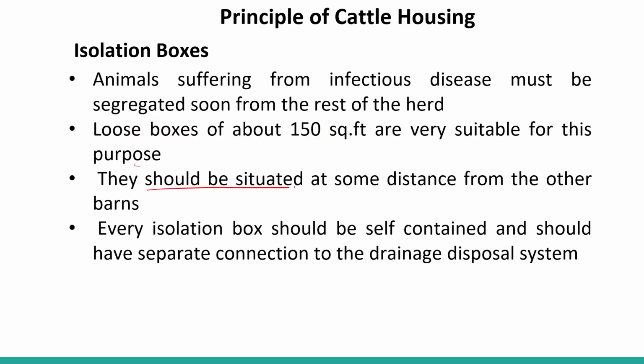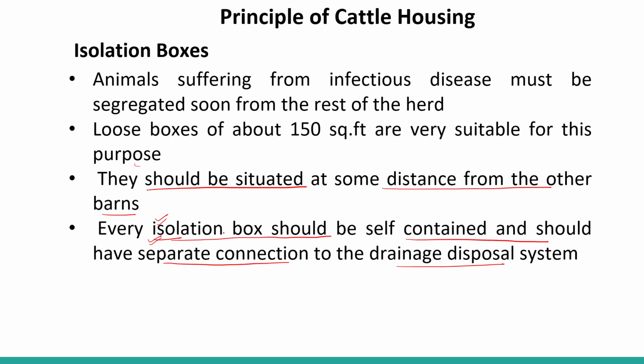They should be situated at some distance from the other barns. Every isolation box should be self-contained and should have a separate connection to the drainage disposal. So there must be a proper feeding system, proper drainage system, and proper watering system, so that they can get their feeding and drinking facility.